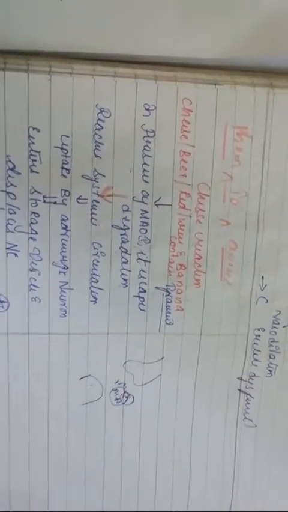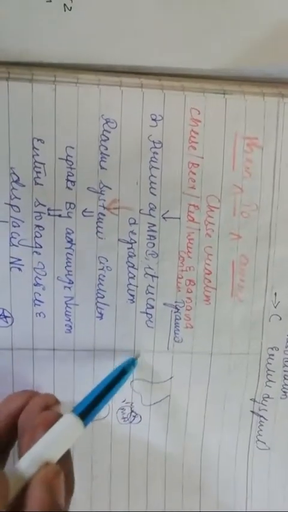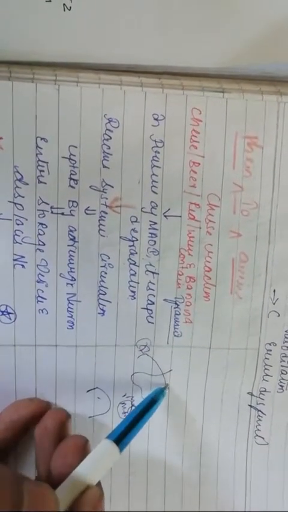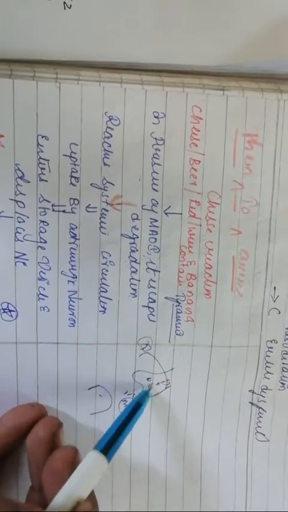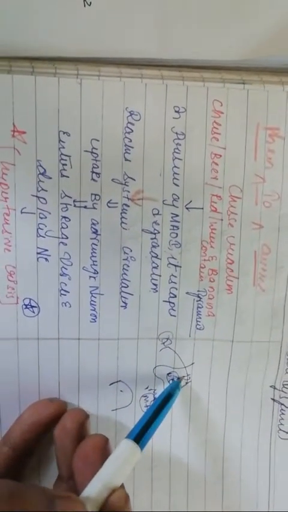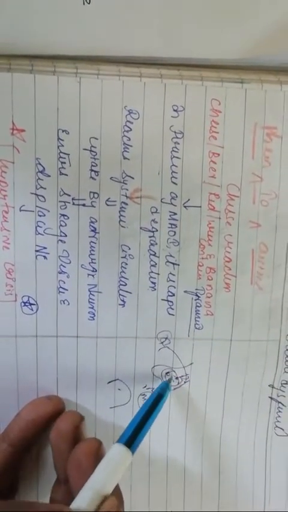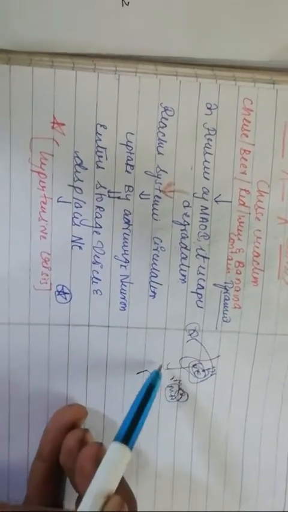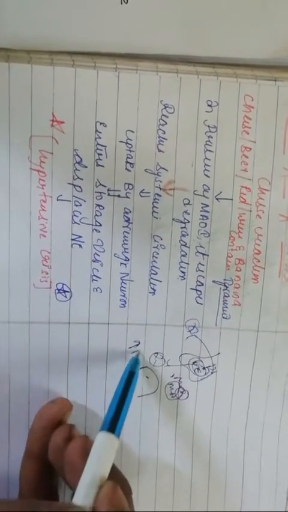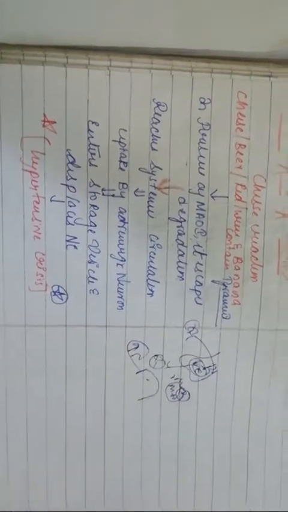The tyramine which we take ultimately enters into the nerve, and there is formation of norepinephrine. Once there is formation of norepinephrine, it goes into the vesicle and is released. It acts on the alpha 1 receptors, and there is an increase in BP. That is the hypertensive crisis. In such conditions, when there is an increase in BP, we can give phentolamine.